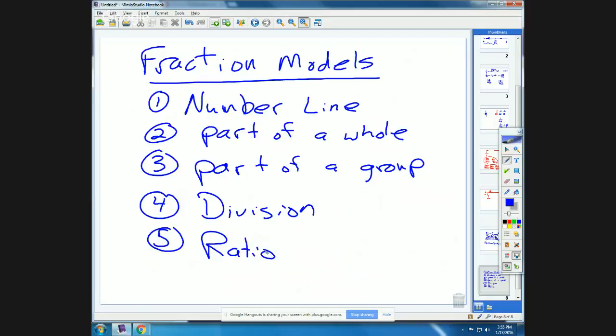So those are the different physical models where fractions turn up in our reality. And we can write stories and draw pictures to show all of those. So we're going to pick one of those, and we're going to try and explain what multiplication is next.